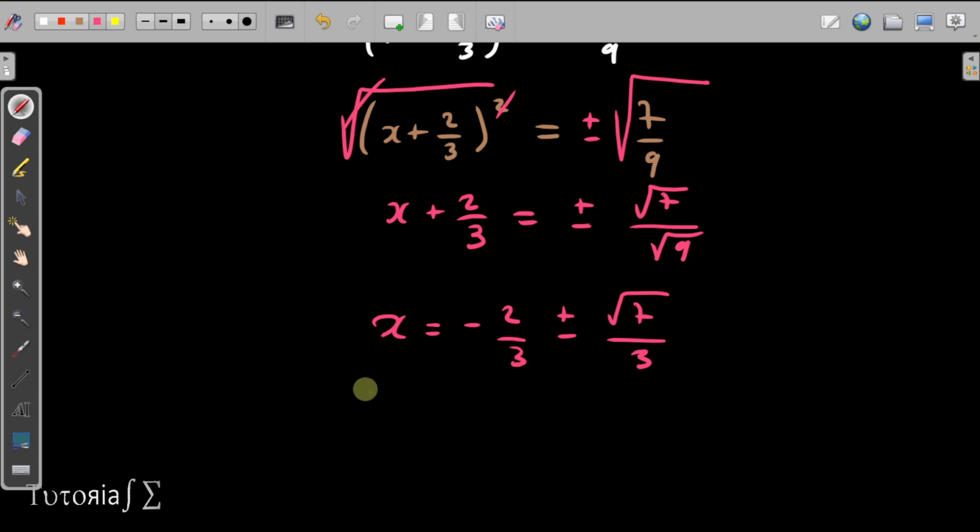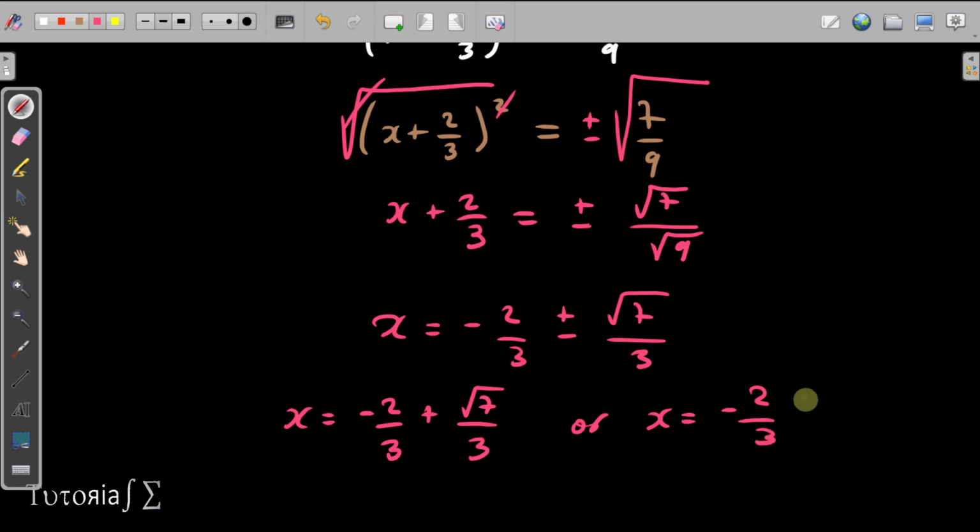Here we can now split. x is equal to negative 2 over 3 plus root of 7 over 3, or x is equal to negative 2 over 3 minus root of 7 over 3. So we have these two answers, and that will be the solution.